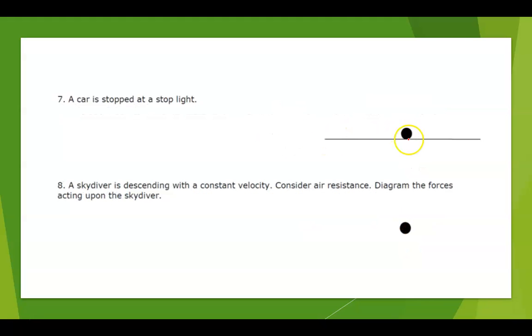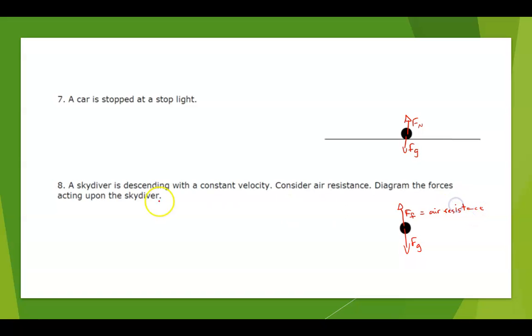A car is stopped at a light. Well, force of gravity, force normal. It's stopped. It's sitting there. It's not moving. Okay, skydiver descending at constant velocity. Well, we've got a force of gravity, and what's holding it up, keeping it at constant motion, is friction, specifically air resistance.